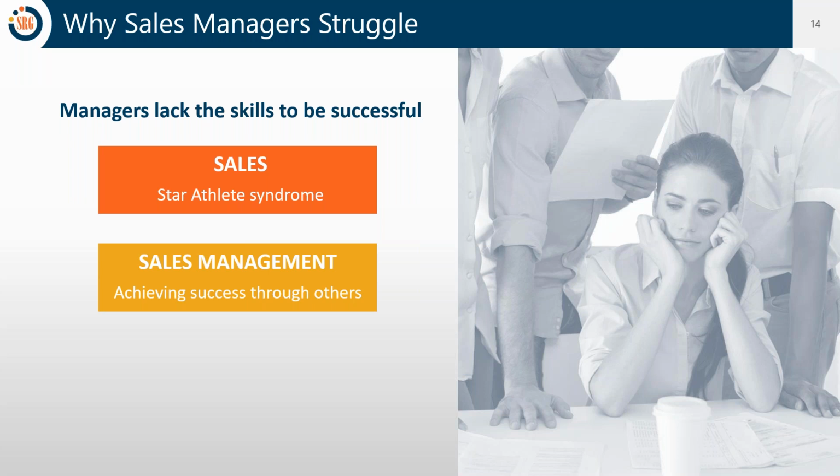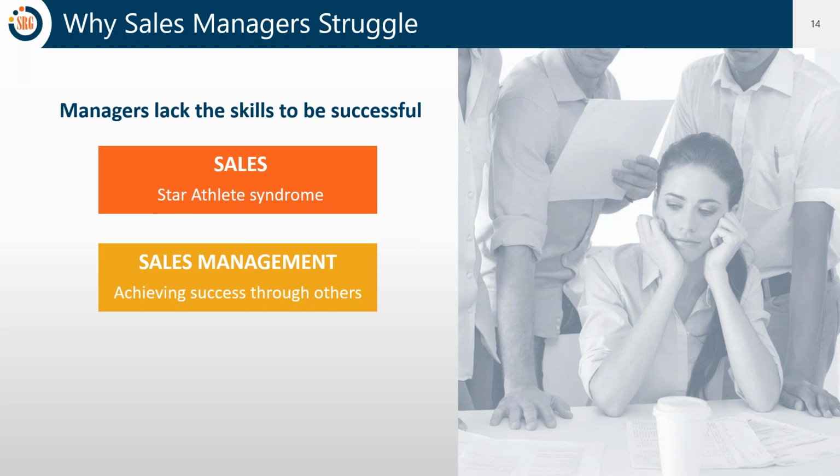In fact, a lot of the best coaches were average athletes, or maybe never even made it to the pro level. And one of the things that we talk about a lot is this idea that great reps, it comes naturally to them, and they get frustrated when they suddenly become managers and people on their team, maybe they're average, so it doesn't come naturally to them. And they get frustrated, well, why can't you figure it out?